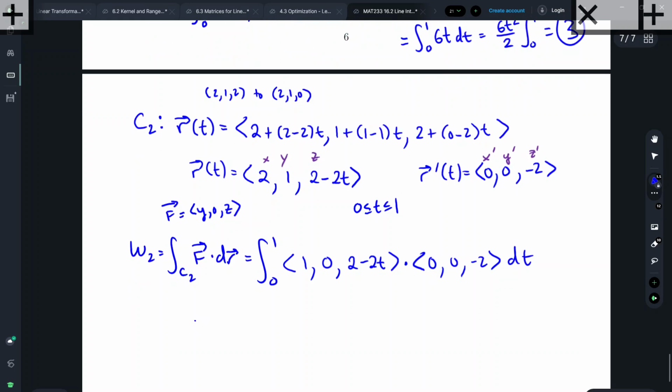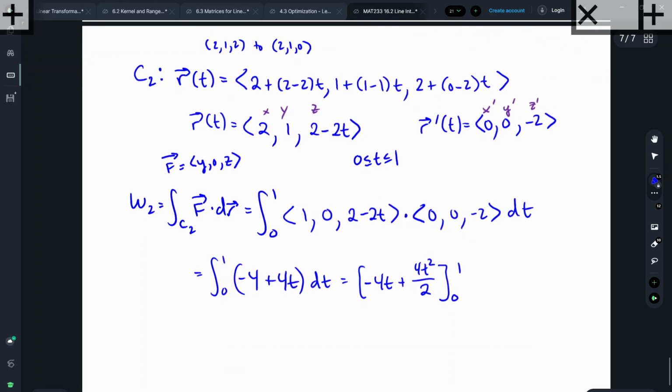Okay, so now we do the dot product, right? So 0 times 1 is 0, 0 times 0 is 0. So all we're left with is negative 2 times this thing, which is negative 4 plus 4t. Okay, so now we take the antiderivative, which is negative 4t plus 4t squared over 2, evaluated from 0 to 1.